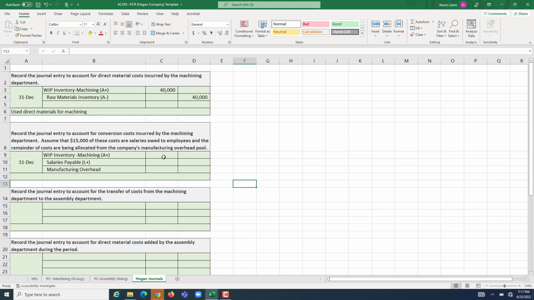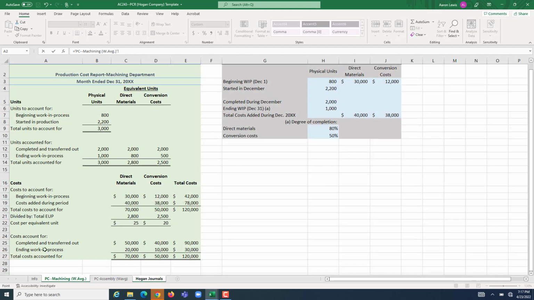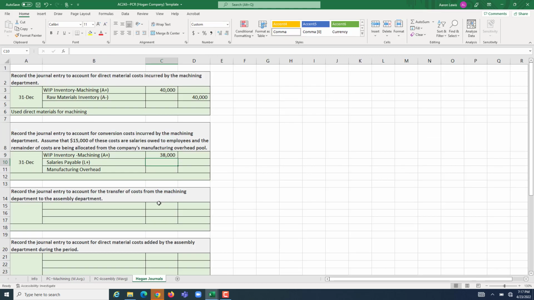Well, how much did we add for conversion costs within the machining department? I'm going to hit equals. For the debit, we're going to have the WIP inventory machining. Go back to our machining department's PCR and see that we added during the period a total of $38,000 worth of conversion costs. I'm going to click on that $38,000 and bring that over.